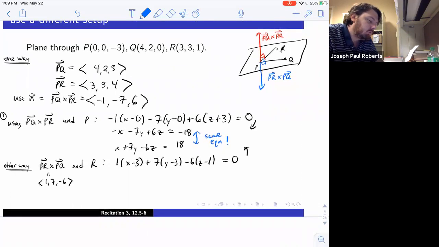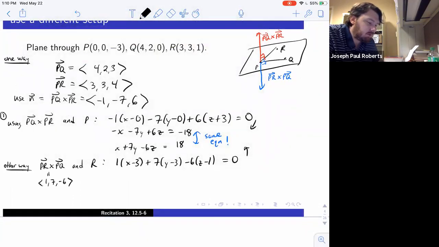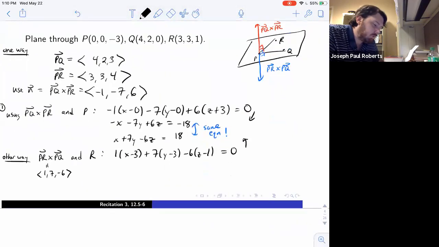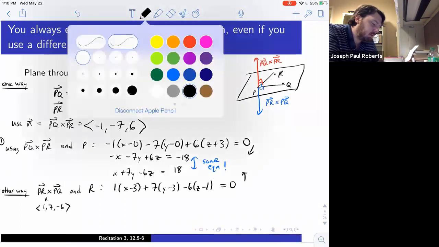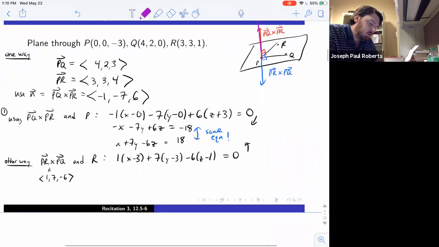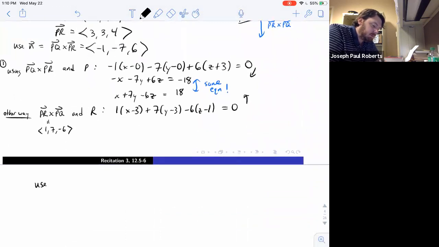And I do remember seeing that Dom mentioned this, that the length of this vector shouldn't matter. And just one other thing for fun. If you stretch this, for example, I could use twice PQ cross PR, which is -2, -14, 12, right?